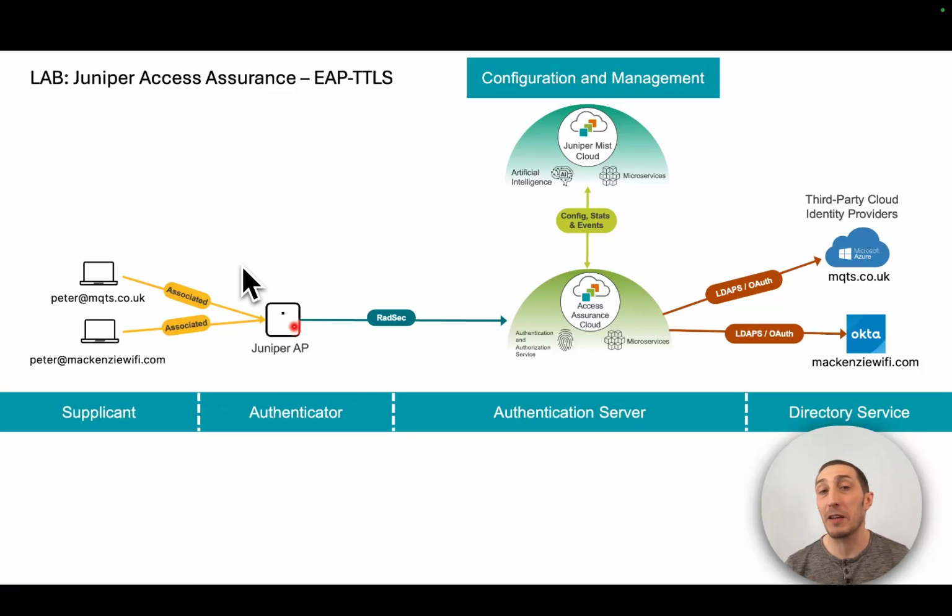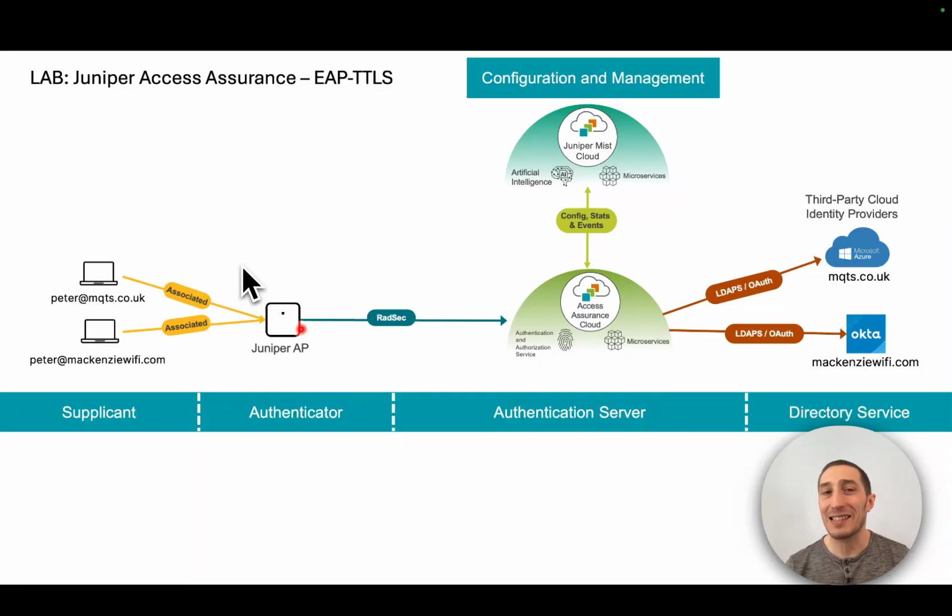It's going to be configured for .1x, and for the Radius server configuration, all we do is we say we want to use the Mist NAC solution, which basically allows the AP to make a connection and tells it that the Radius server is going to be the Access Assurance Cloud.